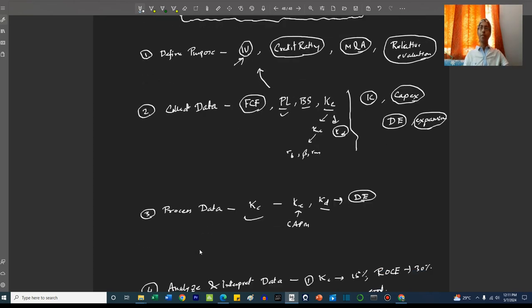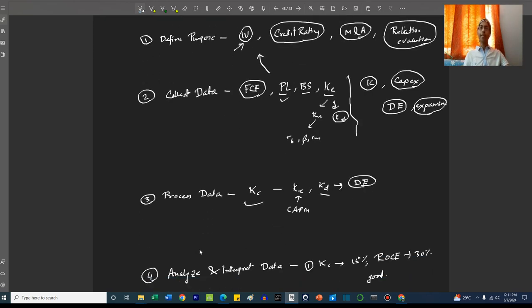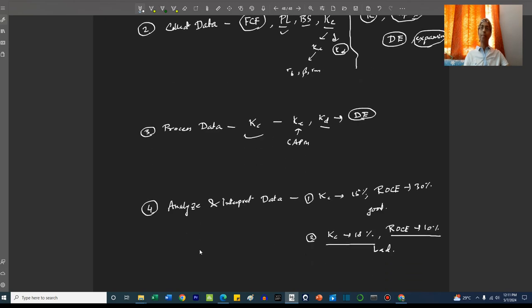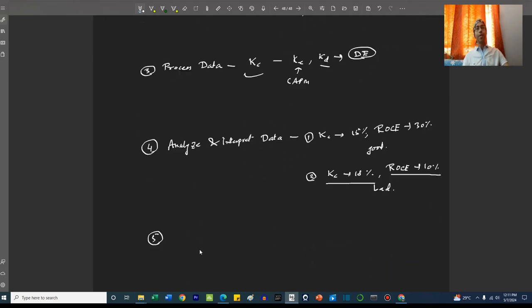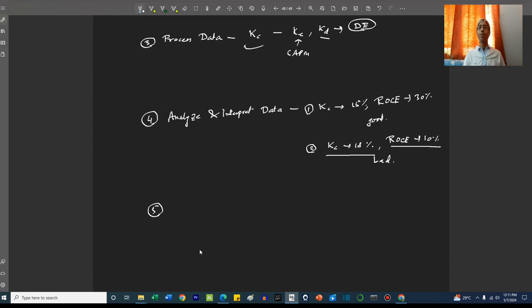After we have taken all these steps, that is, we have defined the purpose, we have collected the data, we have processed the collected data, we have analyzed and interpreted the data, what we do is we communicate recommendations. Recommendations means what, guys?